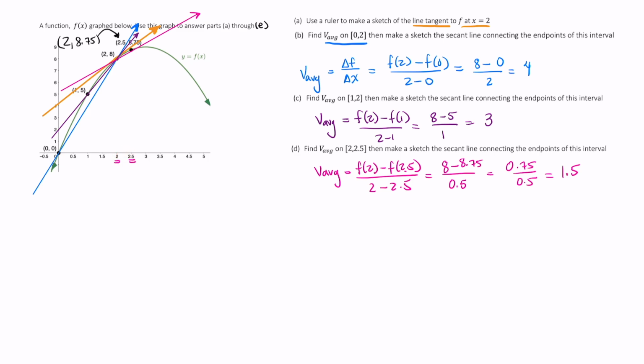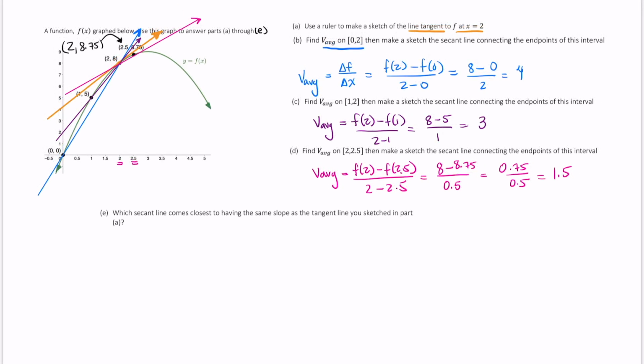And as that interval gets smaller, notice that these lines end up having a slope that's closer and closer to our orange tangent line. This pink line here, connecting these two x values, our smallest interval, is in fact the one that shares a slope closest to the slope of our tangent line.